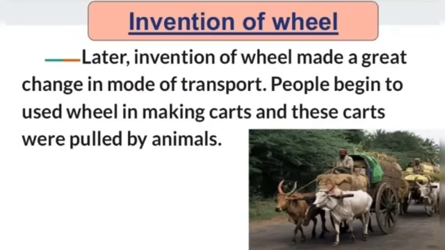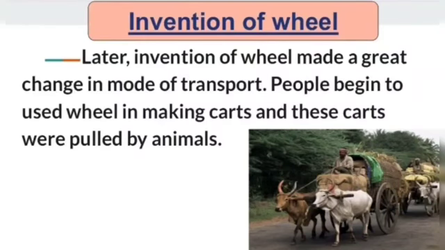And after some time, people invented the wheel, and the invention of the wheel made a great change in modes of transport. The design of the wheel was improved over thousands of years, and animals were used to pull vehicles that moved on wheels.